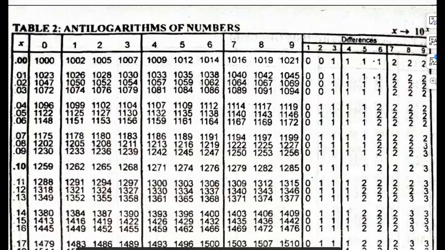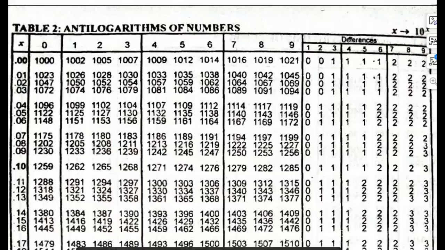So we have 0.12 under 3. This is under 0, under 1, under 2. Yes, under 3 is 1327. Now difference of 8: 1, 2, 3, 4, 5, 6, 7, 8. Difference of 8 gives us 2.